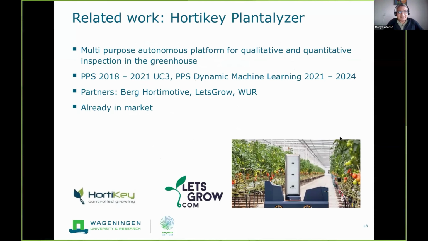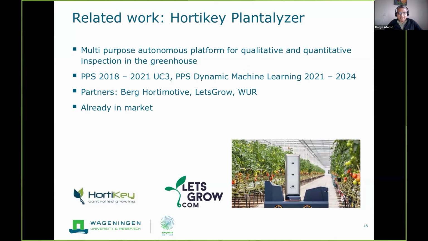Related to tomatoes, but in a different project with a different partner, we also have the Plantalyzer robot, which is from the company Hortiki, which itself is a spin-off of the Dutch manufacturer Berg Hortimotive. This is not a phenotyping robot per se, but it is for use by the growers.